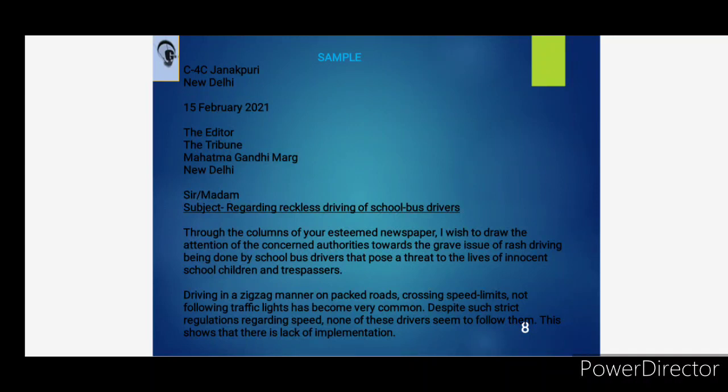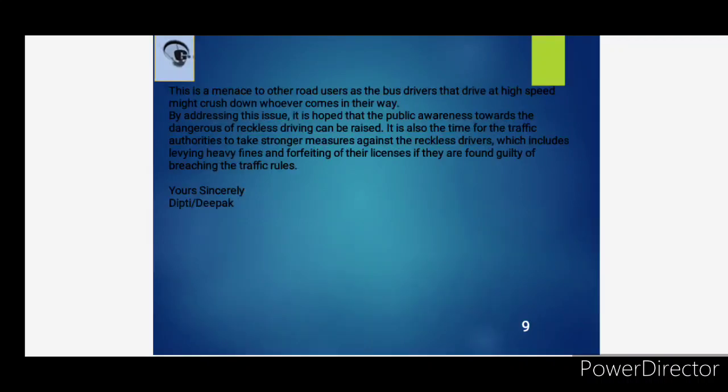Followed by the second paragraph: driving in a zigzag manner on packed roads, crossing speed limits, not following traffic lights has become very common. Despite such strict regulations regarding speed, none of these drivers seem to follow them. This shows that there is a lack of implementation.